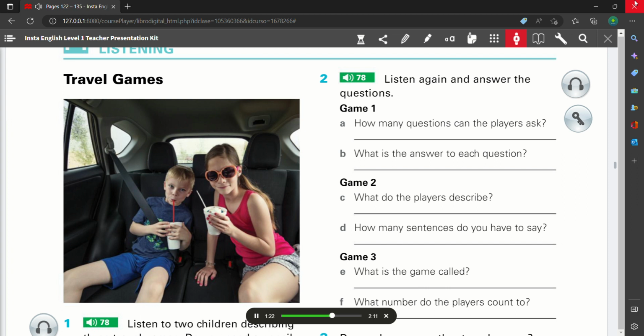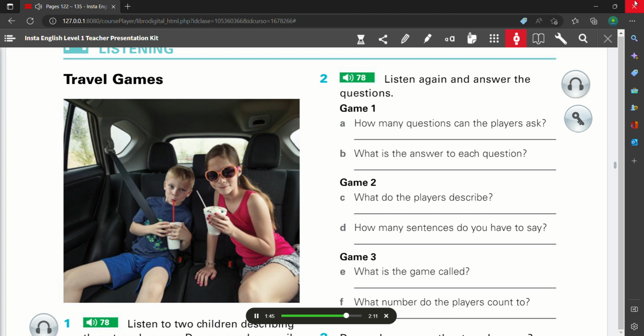Game 3. Fizz Buzz. Let's play Fizz Buzz. We count up to 100. I go first. I say 1, you say 2, and so on. But if the number is a multiple of 3, you say fizz, okay? If the number is a multiple of 5, you say buzz.